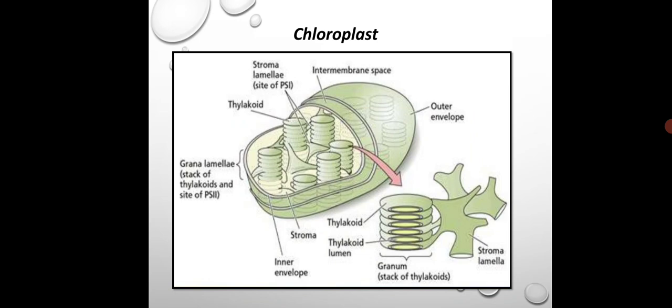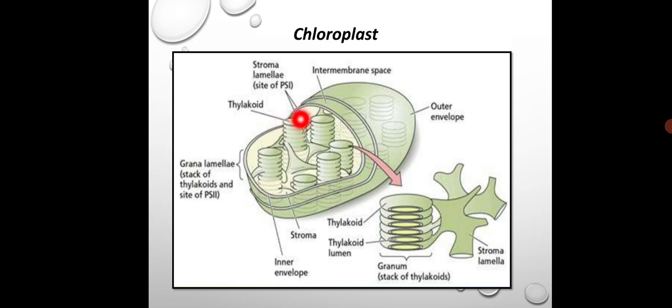So this is the structure of the chloroplast. As I told, in plants the site of photosynthesis is the chloroplast, which is present in the plant cell. It consists of an outer envelope, then an inner envelope. This plate-like structure is known as the thylakoid, and a stack of thylakoids is known as granum.